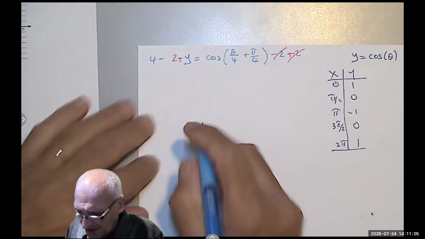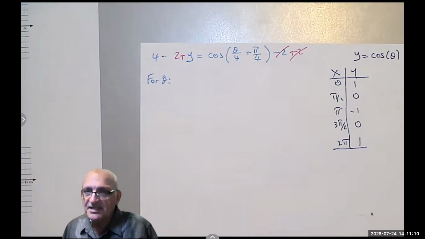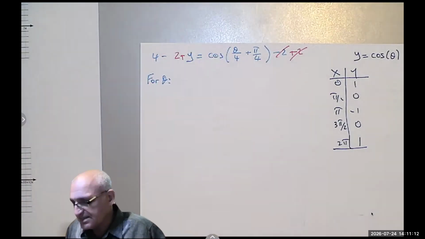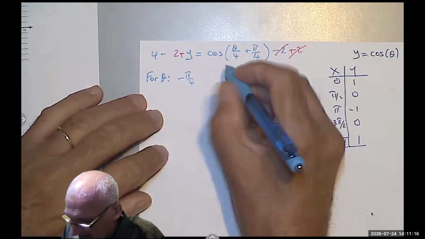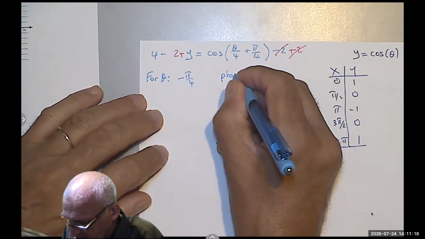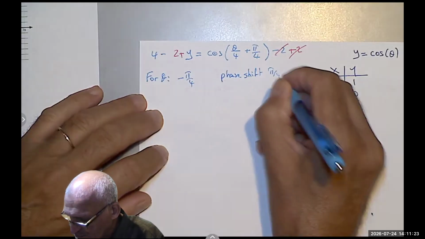Now, what did we do here? What did we do for theta? Of course, everybody, and it's correct, by the way, don't misunderstand me, say, I'm going to subtract pi over 4. That's a negative phase shift, pi over 4 to the left.